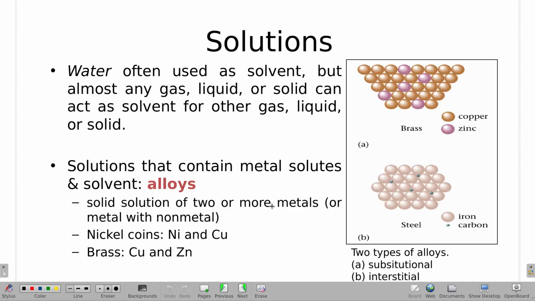All right, turns out there are other solutions that don't involve water. There's other solutions that don't involve liquids. So solutions can be made out of different phases as well. Obviously we can dissolve solids into water and gases into water, but we can also do solids into solids. Those are typically called alloys, but they are kind of like solutions.